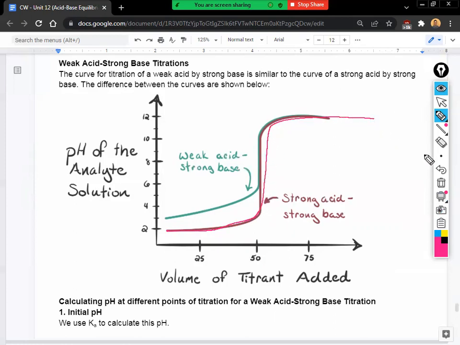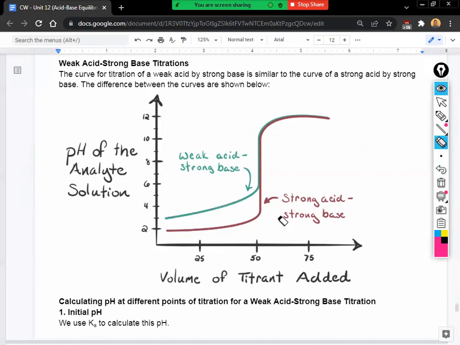The weak acid, strong base is similar, but if you guys notice, the slope right here is a bit steeper, right? So it changes a little bit faster than the strong acid, strong base. Do you guys notice that?